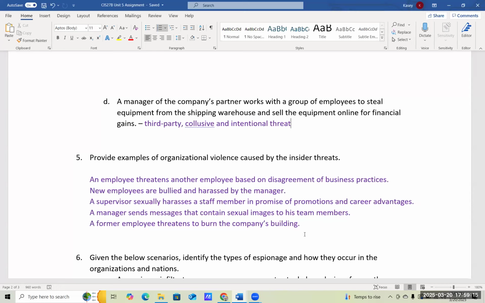And then the fourth one: manager sends messages that contain sexual images to his team members. I actually investigated a case like this, right? There was an accusation of sexual harassment that someone jokingly put a message in the email to a recipient.